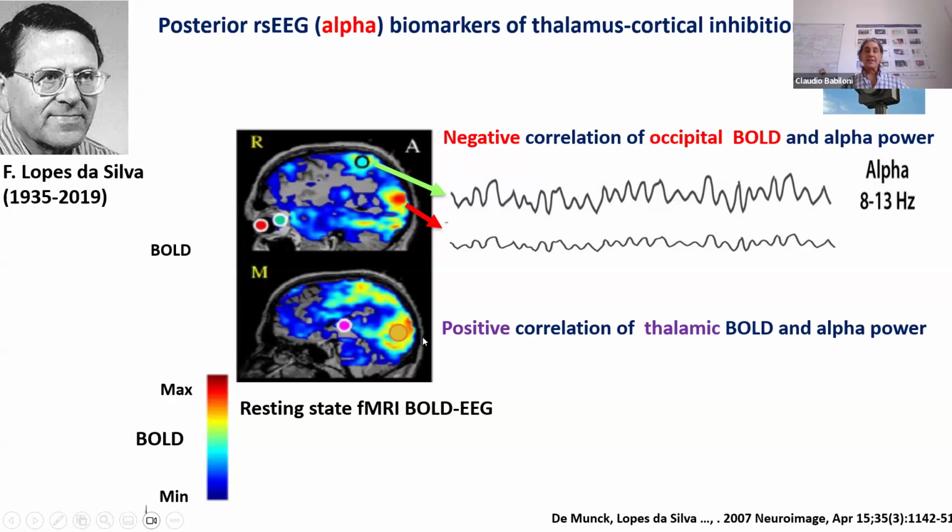This means that the thalamus is very active to modulate cortical neural activity. And the thalamus is able to inhibit cortical pyramidal neurons generating alpha rhythms.